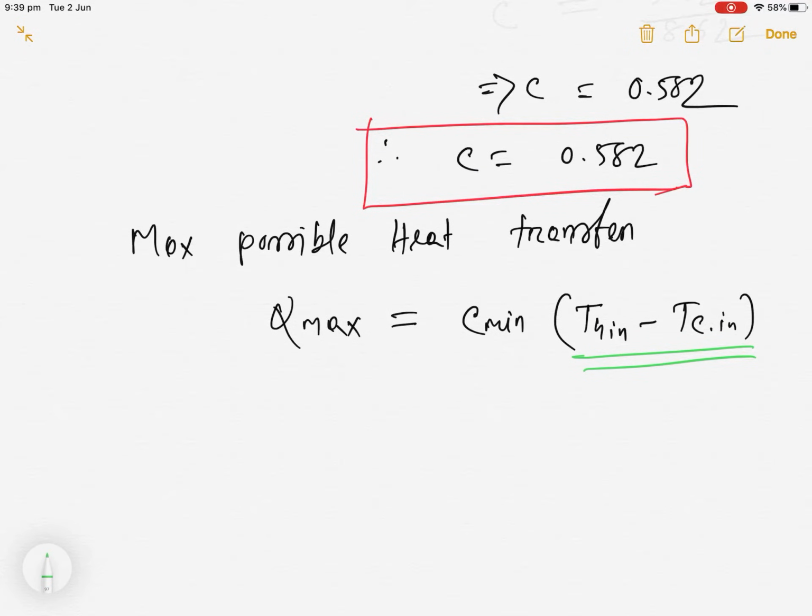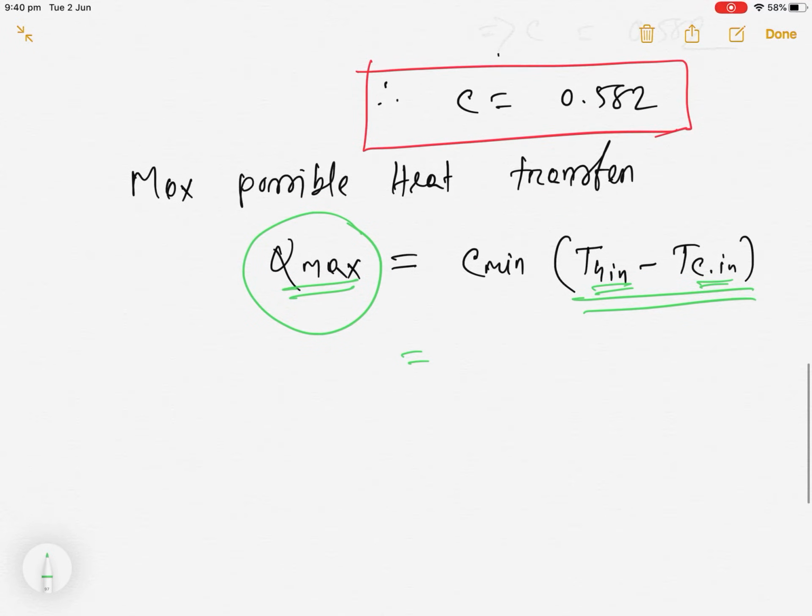Actually, max possible means the temperature difference will be maximum, and this is not the actual heat transfer rate. It is the maximum possibility. So we found the temperature difference at the hot fluid inlet and the cold fluid inlet is the highest, so we will use that one when calculating the max possible heat transfer rate.